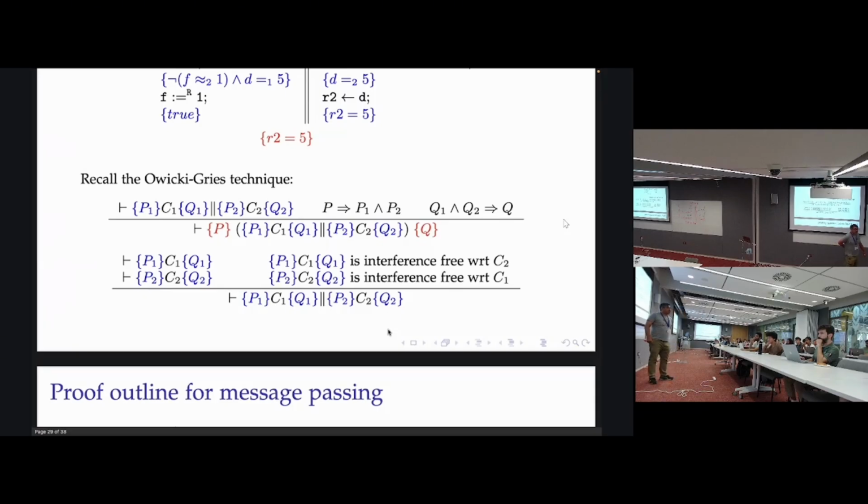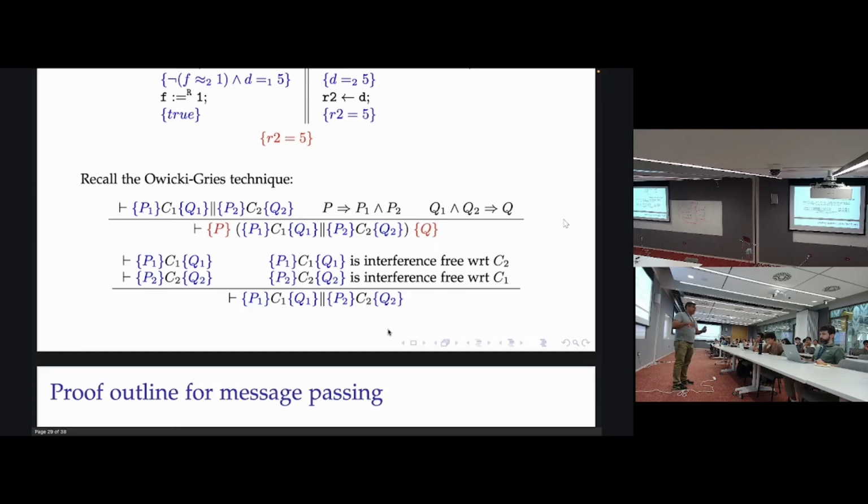I was just wondering, with the rule as it's written there, do we actually need to check that intermediate thing? Which intermediate thing, sorry? With the rule as written, our P2 and our Q2 would be the top thing and the bottom thing on the right hand side. Yeah, the way the rule is written is just so that it fits on the slide.